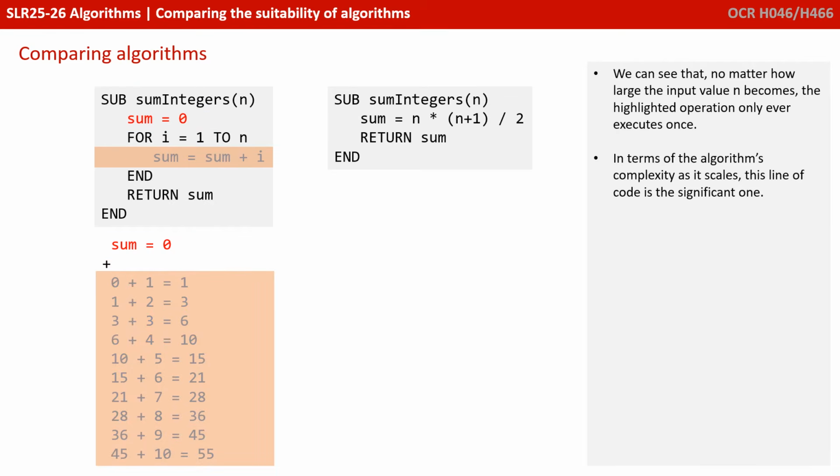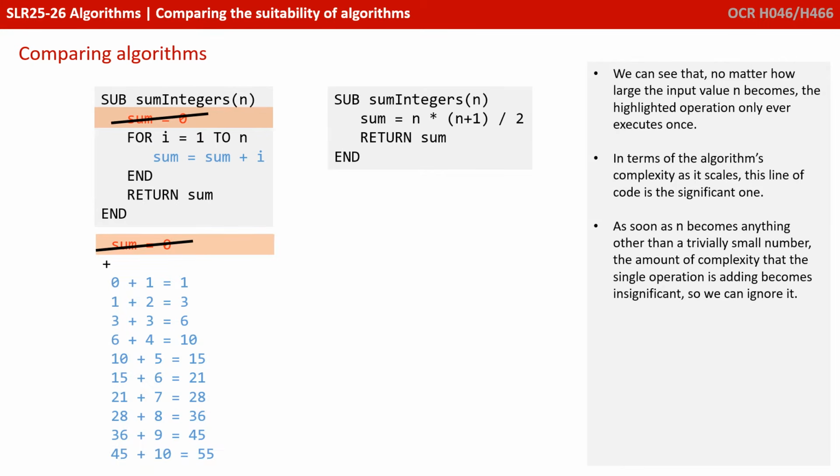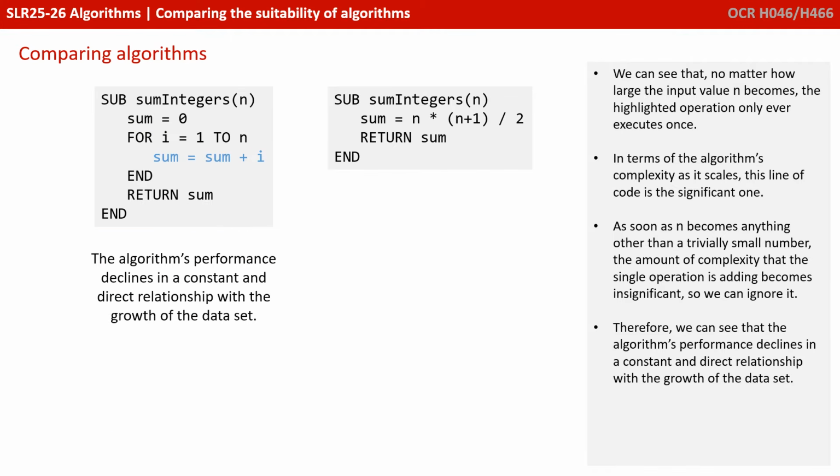In terms of the algorithm's complexity as it scales, this line of code is the significant one. As soon as n becomes anything other than a trivially small number, the amount of complexity that single operation is adding becomes insignificant, so essentially we can ignore it. Therefore, the algorithm's performance declines in a constant and direct relationship with the growth of the dataset.